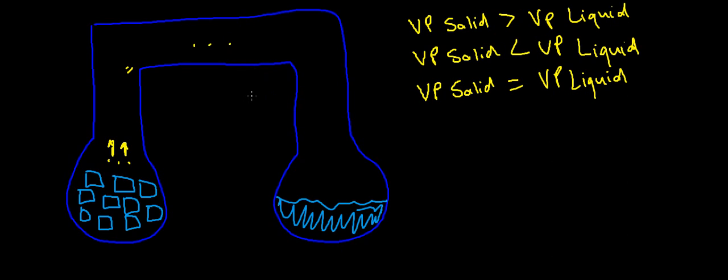That's why water, or any liquid, evaporates when I put it in a closed container. The liquid is going to try to make the vapor pressure in the air equal to the vapor pressure that it wants.